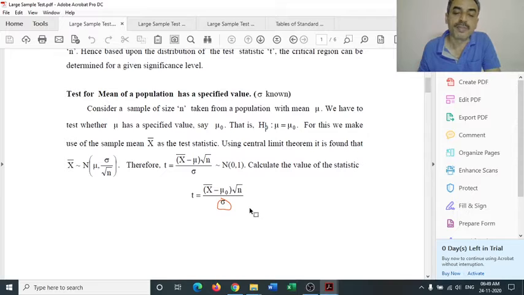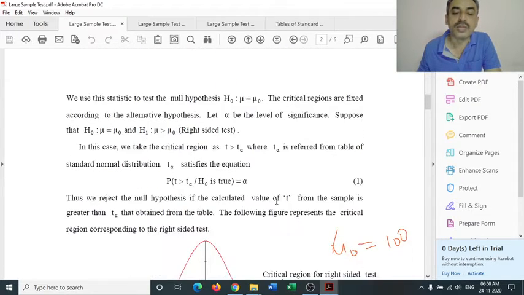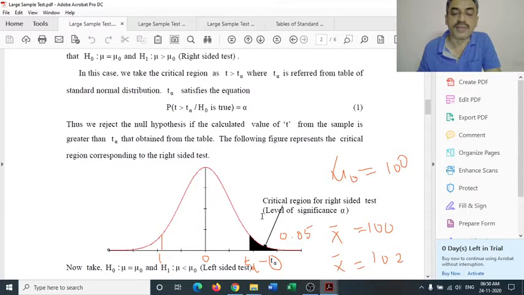But sometimes the sample mean may be a little bit greater than the suspected value of the population mean. Even then we are ready to accept that the population mean is mu 0. So up to which level do we have to accept this population mean mu 0? That is decided according to this significance level.